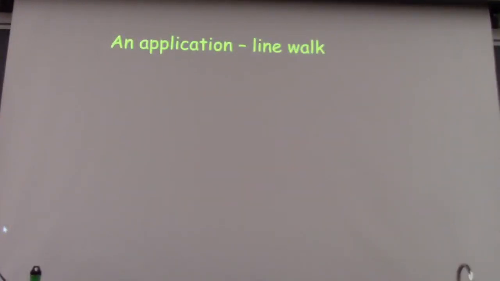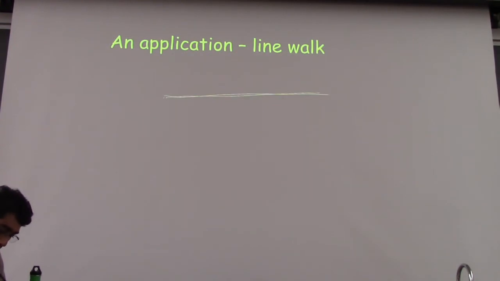So let's see another application of the Chernoff bound, which I guess some of you might have also come across. It's this notion of a random walk on a line. Suppose I have a particle, or a person, on an infinite line.